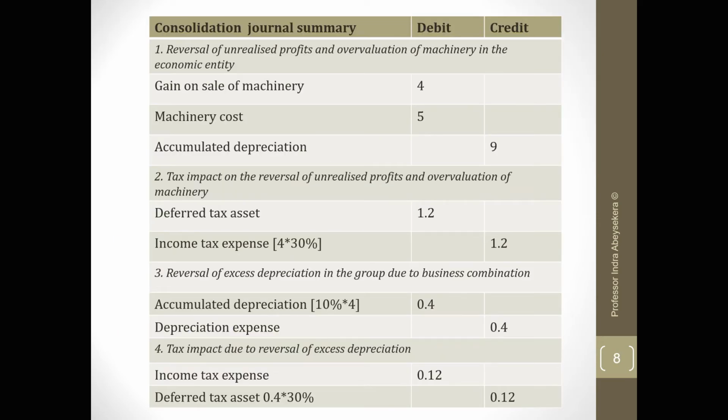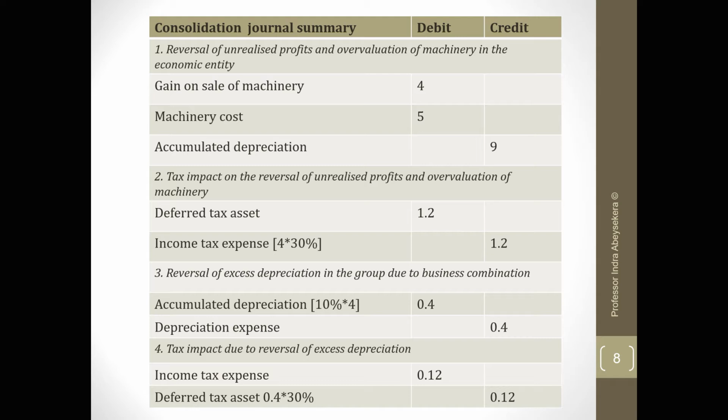So first is to eliminate the general journal entry. So we debit gain, credit machinery cost, the difference, and credit accumulated depreciation. 4, 5, they are debits, and 9 are credit. If you look at the cost and accumulated depreciation, the difference of 5 and 9 is a net credit of 4.